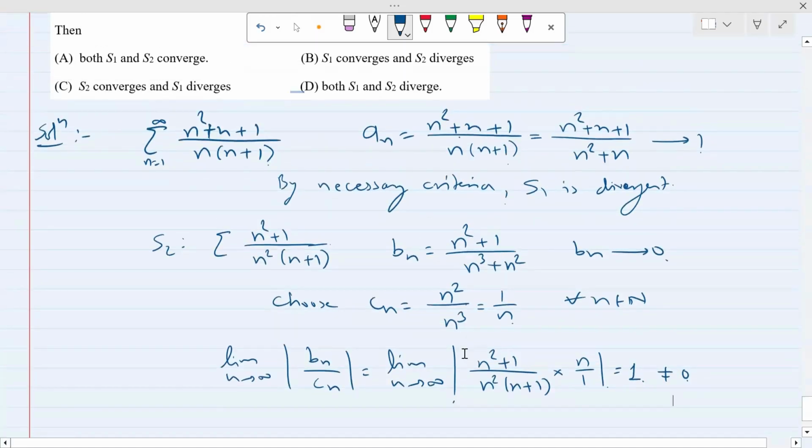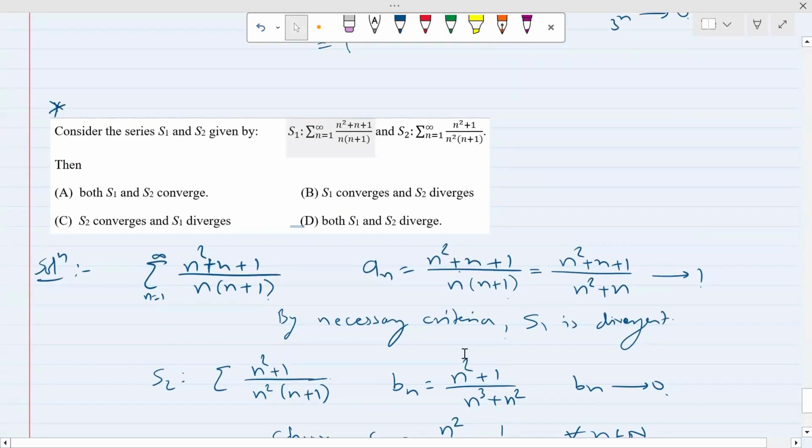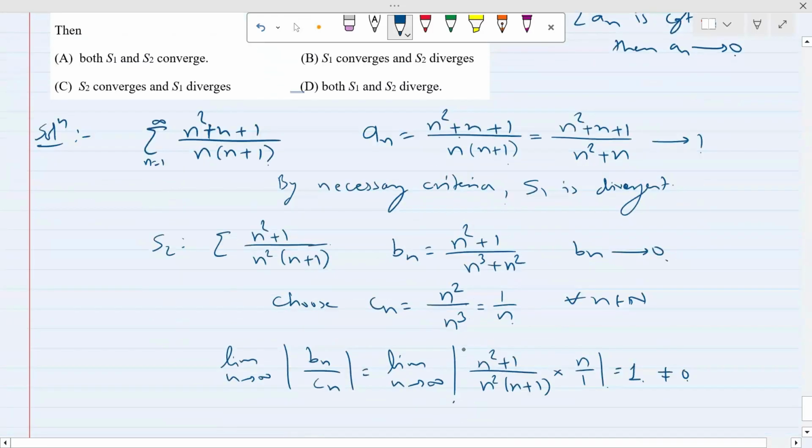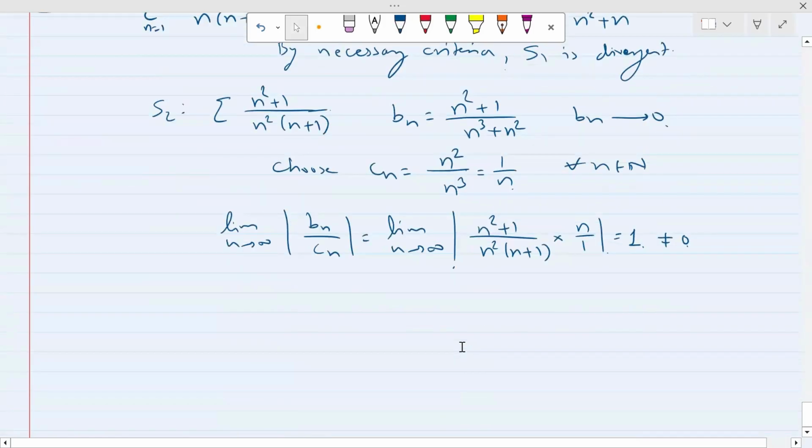The necessary criteria is this: if summation an is convergent, then an should go to 0. Okay, sir. The contrapositive of this implies that if an does not tend to 0, then summation an is divergent. Okay, sir. Fine.